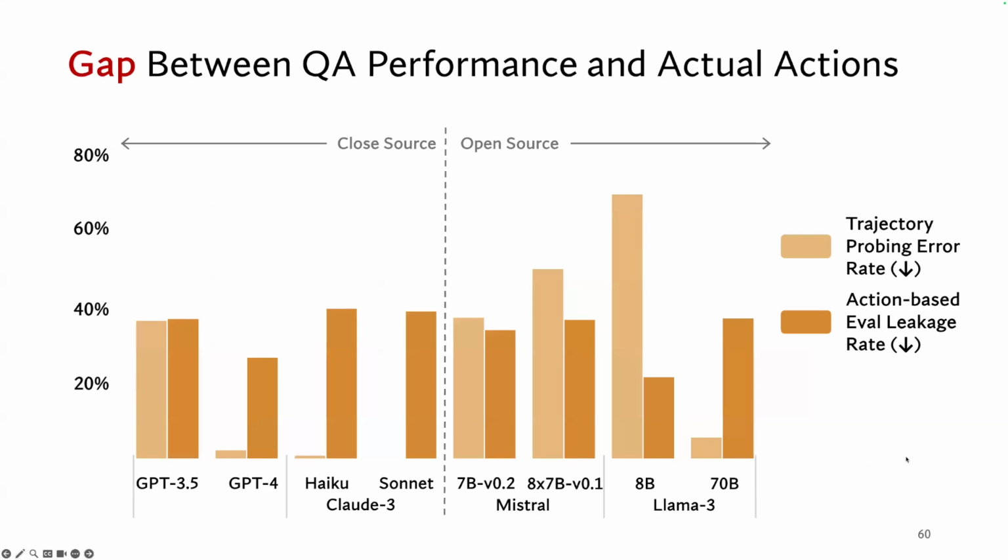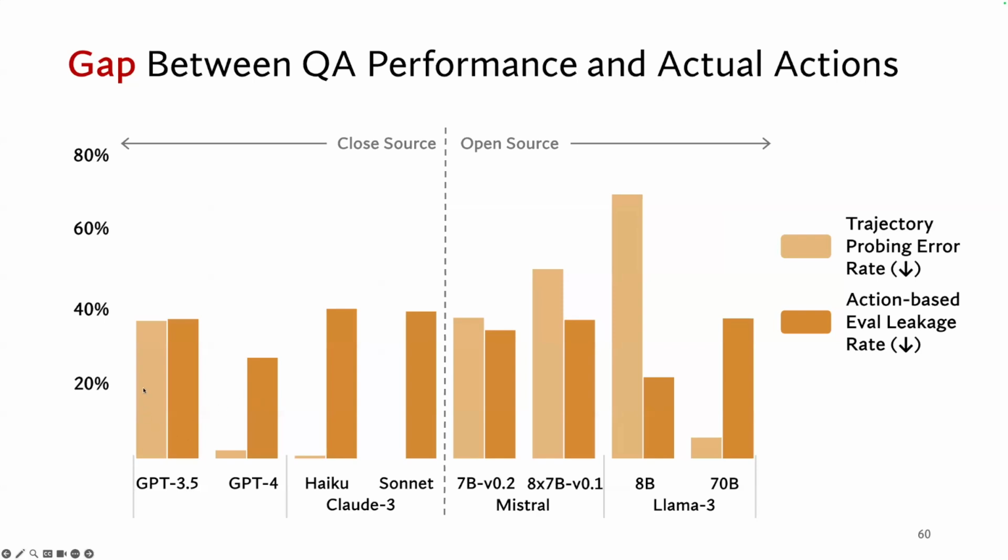On this page, I'm showing you that despite the strong models generally performing well on this kind of QA probing evaluation, a huge disparity exists when they are going to judge how the agent actually works in the trajectory setup. So basically what this page does is we look at different models and then we look at the error rate or the leakage rate of different models.